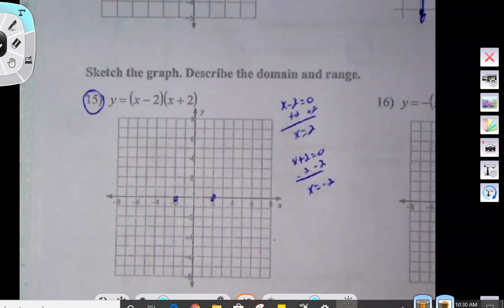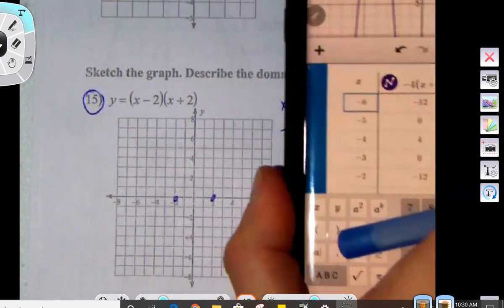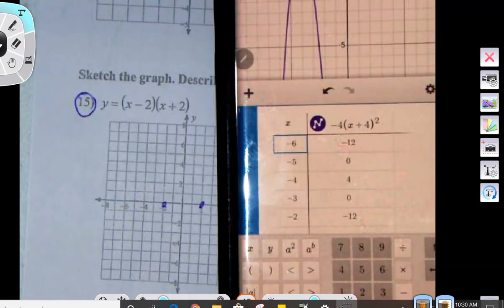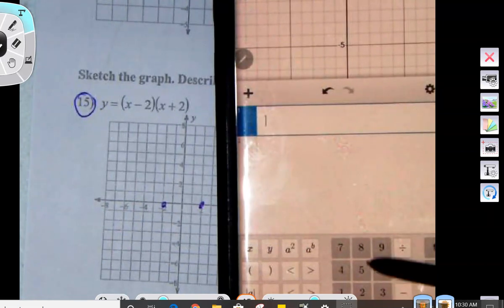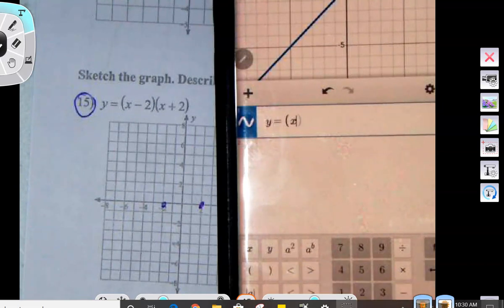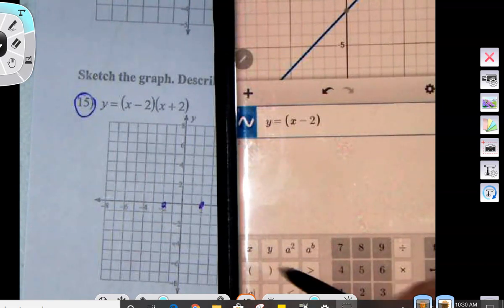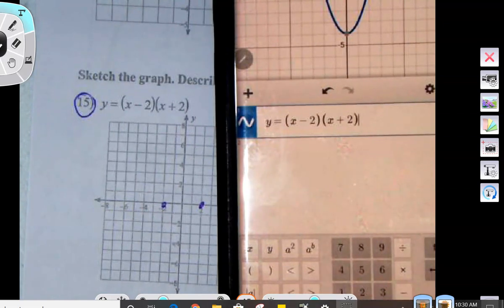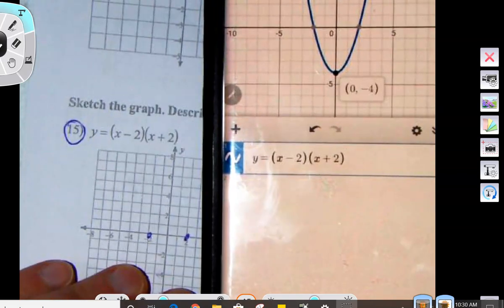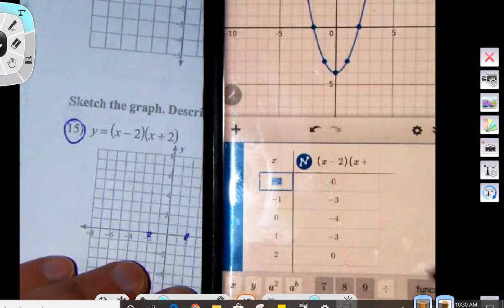But again, we have Desmos as a resource available for us to use. So if I were to go ahead and type this in, we have y equals, and then in parentheses, x minus 2. And then in parentheses, x plus 2. And if we graph, we can click on our vertex. We have 0, -4. So when I go to make my table, that's nice because 0 is already that middle number.